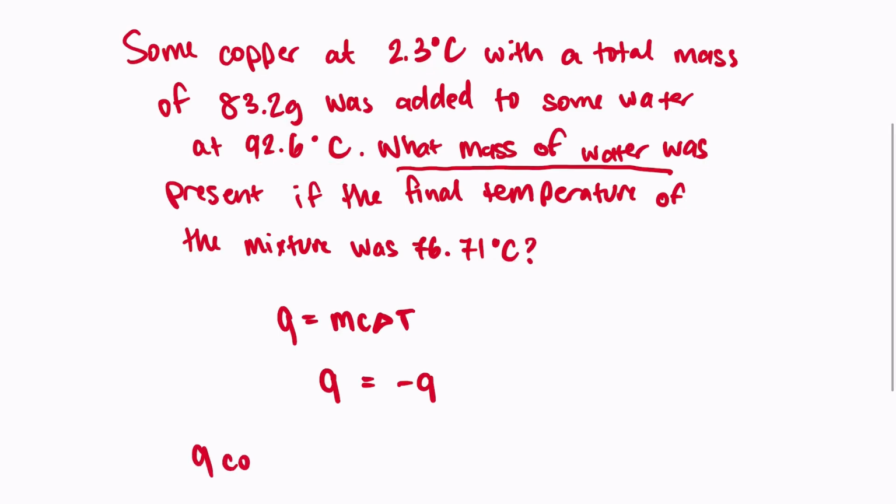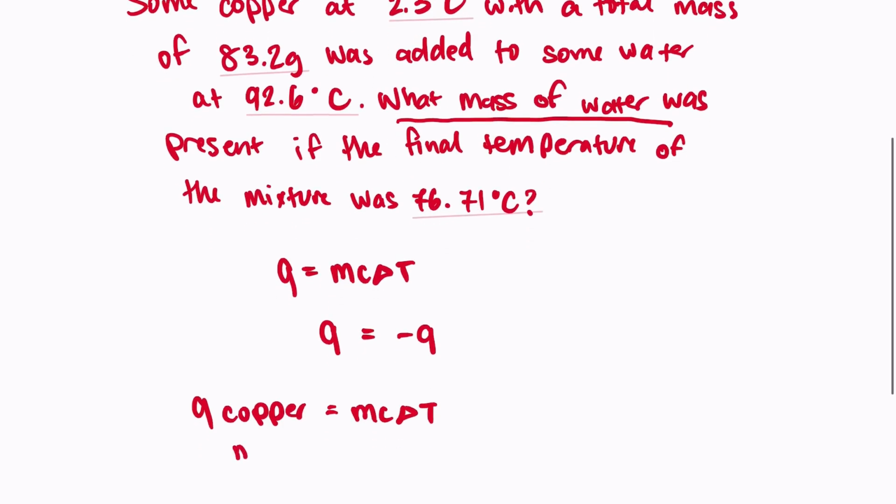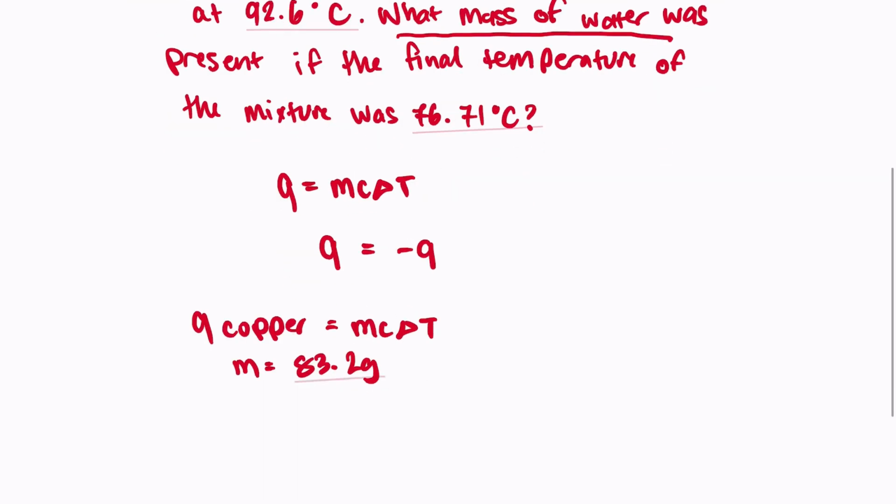So Q of copper is equal to mc delta T. M is the mass, which is 83.2 grams. C is the specific heat, which you can find by looking at any table online, and that is 0.385 joules per gram degree Celsius.